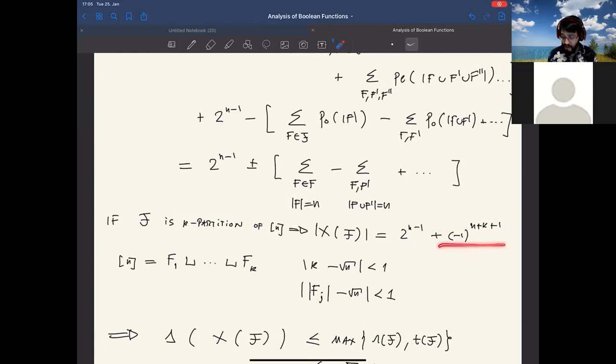So either this is 1 or minus 1. In any case, either you take x of f or the complement, and that will give you the construction.